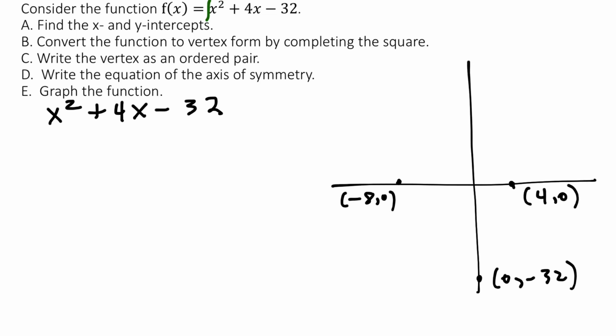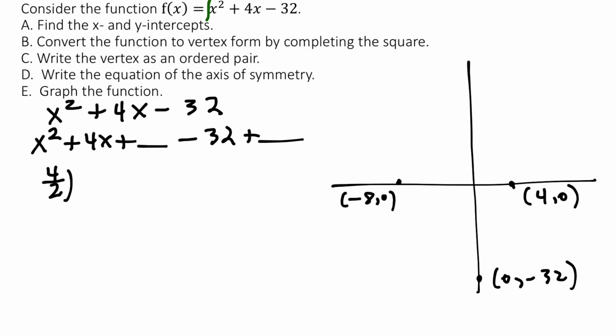All right, so I've got to put my blanks in first. So I've got x squared plus 4x plus blank minus 32 plus blank. So I take my middle term and I cut it in half and I square it. So that's 2 squared, which is 4. And then I put the positive 4 there.